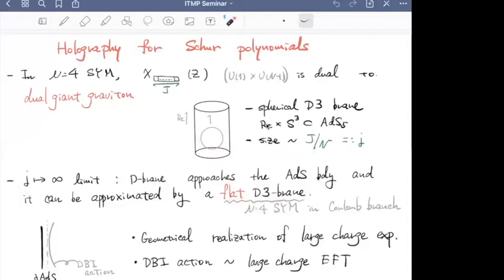But I should also admit that the explanation I gave is, at this moment, just qualitative, and there is a lot of work that one can try to perform. For example, making a precise comparison between the DBI action and the large charge EFT hasn't been done, and it's probably an interesting question to address in the future.